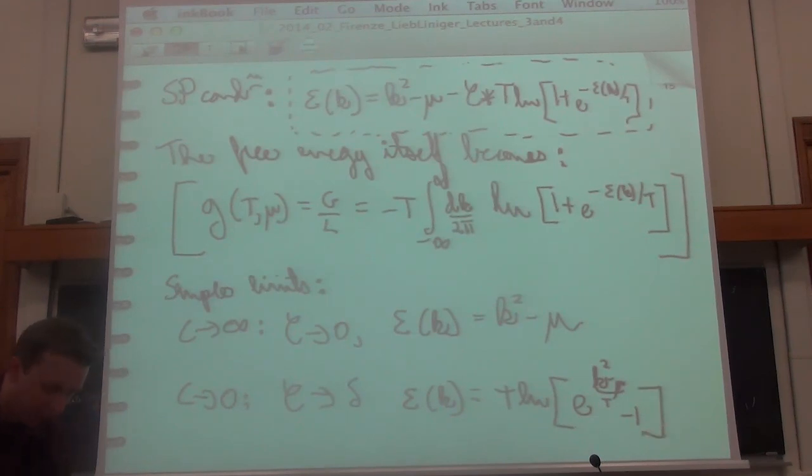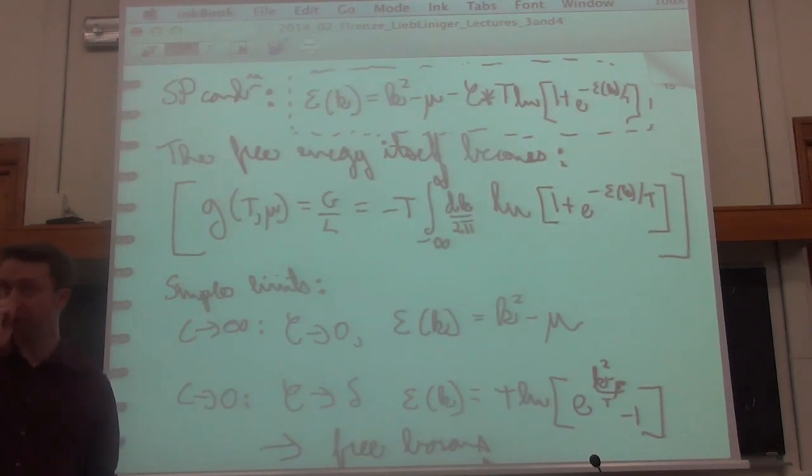And that just gives you the case of free bosons. If you substitute this back into the expression for the Gibbs free energy, you will find that instead of minus t integral, it becomes plus t integral of log of 1 minus, like you would for bosons. So everything is consistent. We've been able to interpolate completely between free bosons and free fermions by the Lieb-Liniger construction, at least as far as the thermodynamics are concerned.